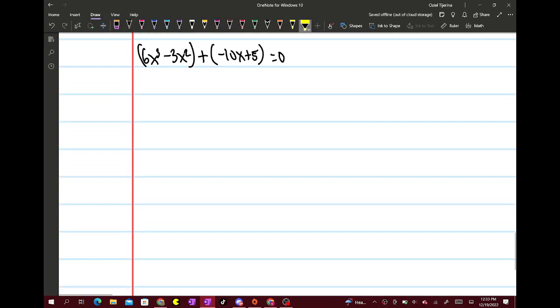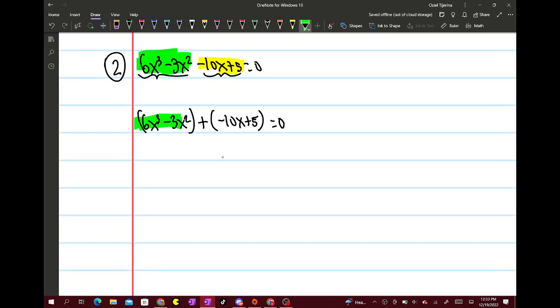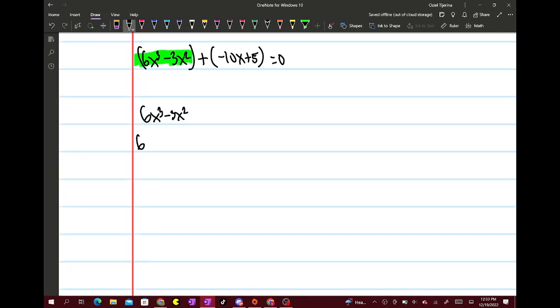Now, we can factor both of these separately. If we look at 6x cubed minus 3x squared, we can factor out a 3, excuse me. If we divide this by 3, it becomes 3 times the quantity 2x cubed minus x squared.